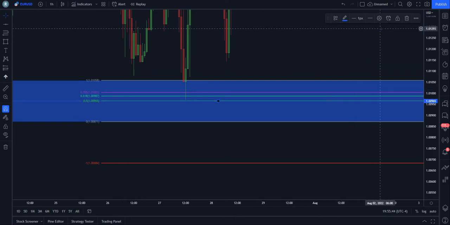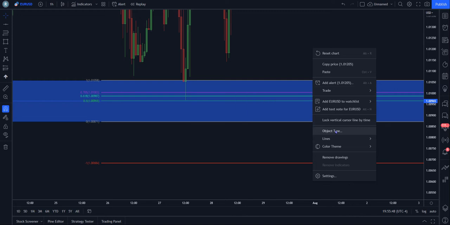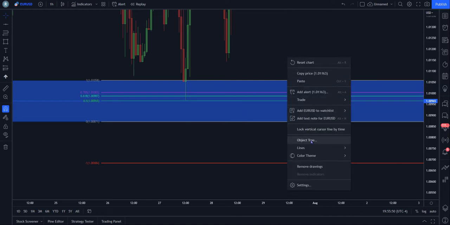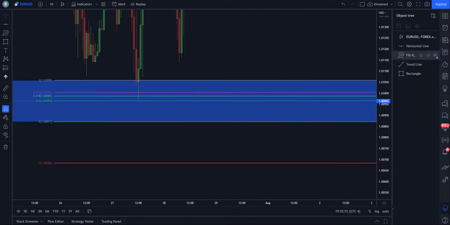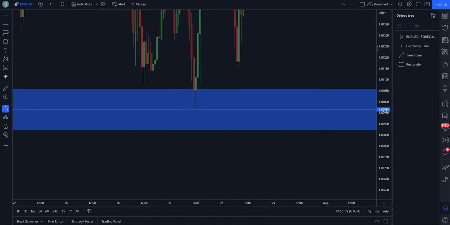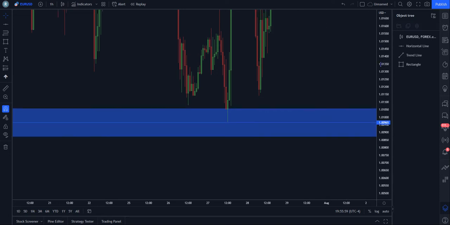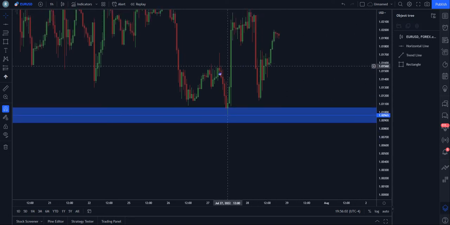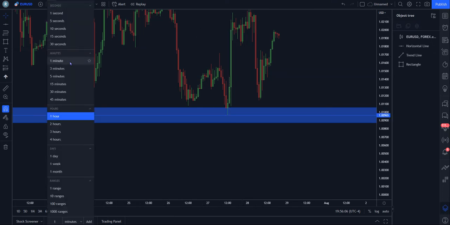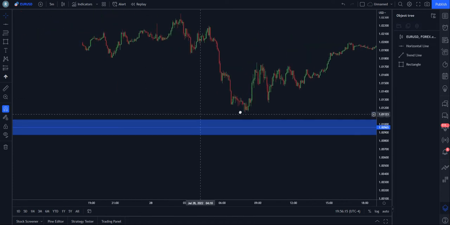Put a line there. Oh, and also, if you right click on the screen, go to object tree, it'll show you everything that's on the chart. So price reaches here. So it has our attention now. Not just that it's touched the top of the zone, but it's now reached into the consequent encroachment, the 50% mark of it.